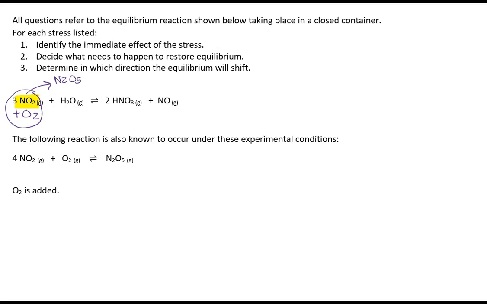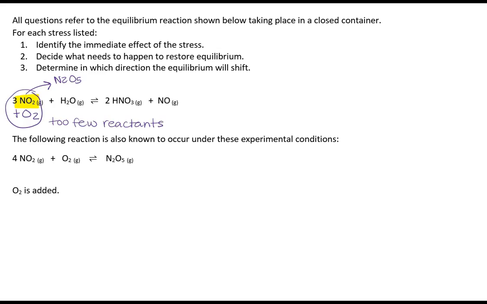Now the effect is that we are consuming some of the NO2 because some of it is being used up in this side reaction with O2. The immediate effect is too few reactants because we've used up some of our reactants in this side reaction with NO2.